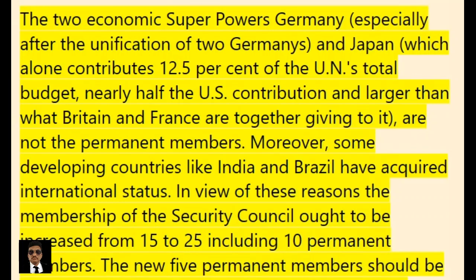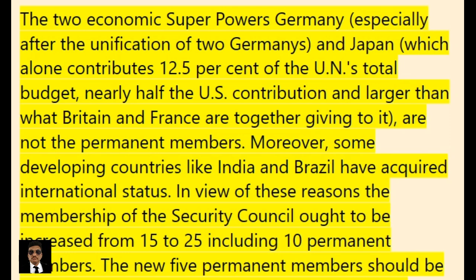The two economic superpowers Germany, especially after the unification of two Germanys, and Japan, which alone contributes 12.5% of the UN's total budget, nearly half the US contribution and larger than what Britain and France are together giving to it, are not the permanent members. Moreover, some developing countries like India and Brazil have acquired international status.